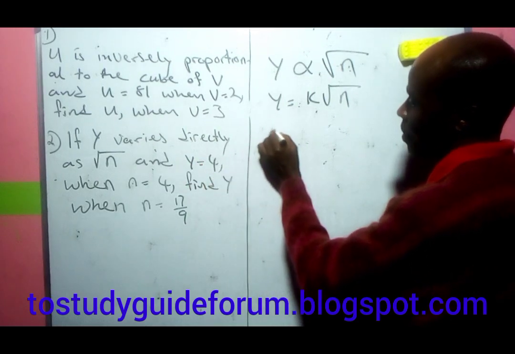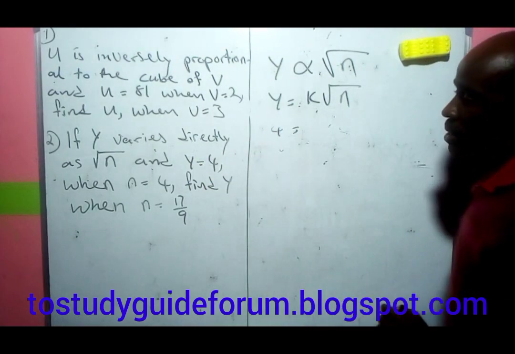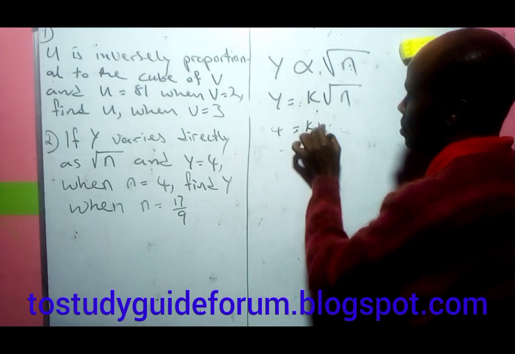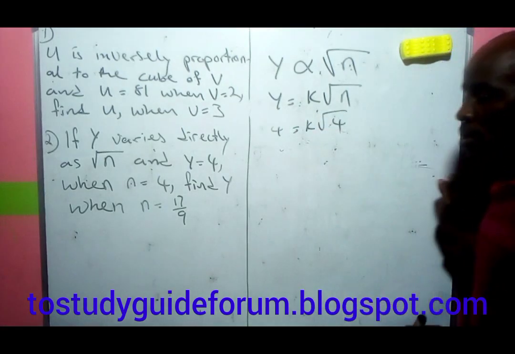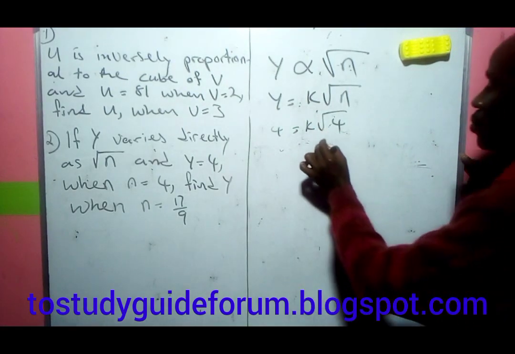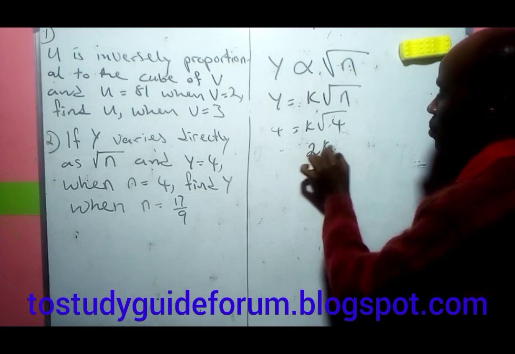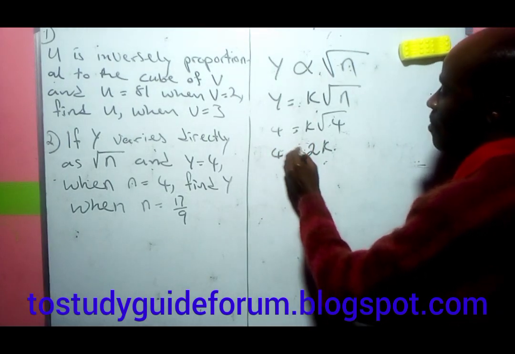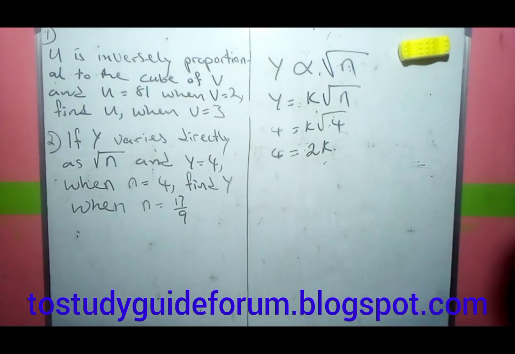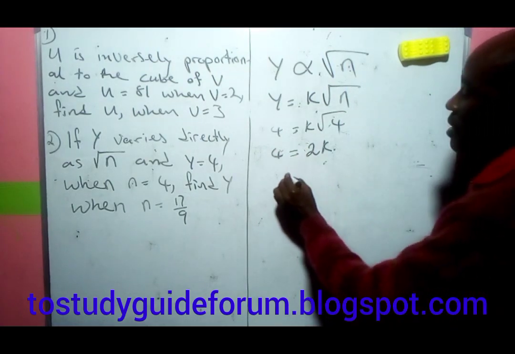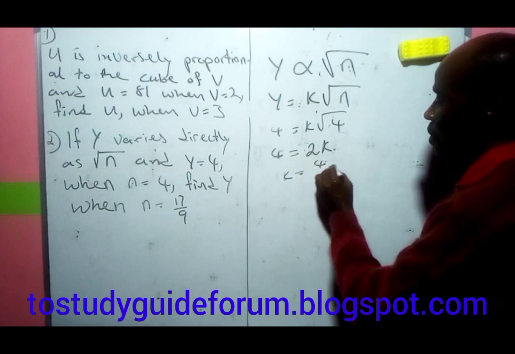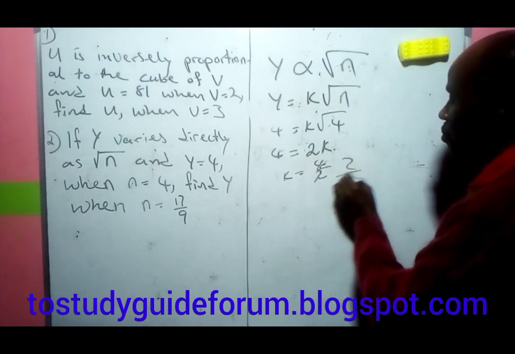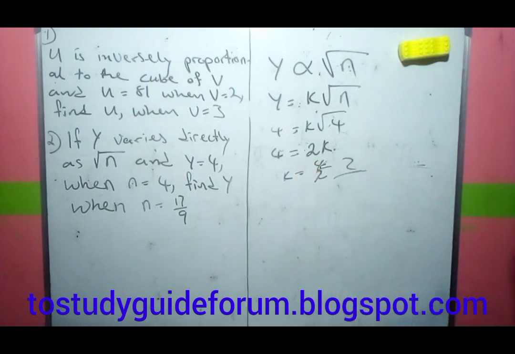When Y is 4 and n is also 4, the square root of 4 is 2. Then we have K times 2 equal to 4, so K alone will be 4 over 2, which gives us 2.